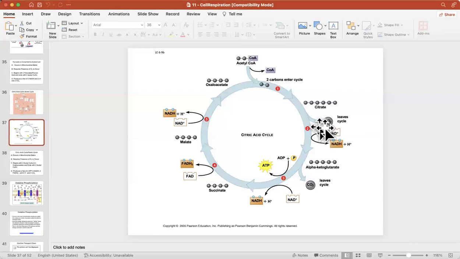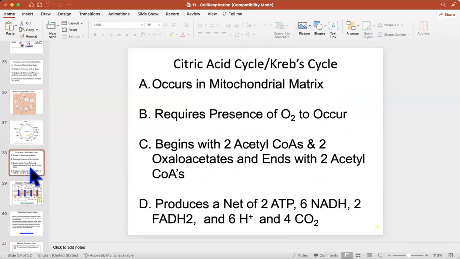You cut 1 carbon away, CO2 is released, and it becomes 5 carbon. You cut another carbon away, and it becomes 4. Then you change its shape a little bit, and there's another molecule. Then you add acetyl-CoA, and the 4 carbon becomes 6 carbon. They just keep going. That's the citric acid cycle. In this process, you produce a lot of NADH and FADH2, even though not too much ATP.